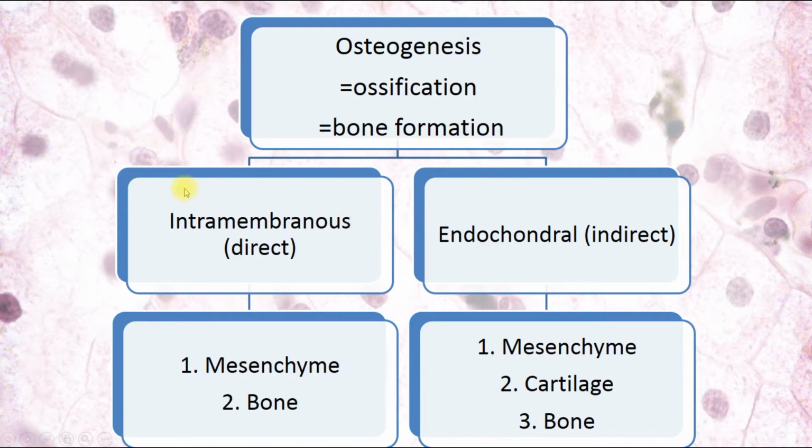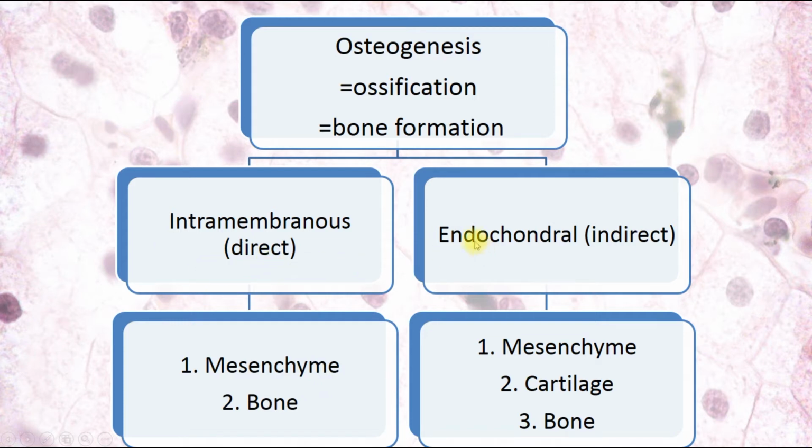We have intramembranous ossification or direct ossification, and endochondral ossification, which is indirect. Direct ossification has two stages. The first stage is mesenchyme, development of mesenchymal cells, and the second stage is direct development of bone inside mesenchyme. And that's why we call this direct.